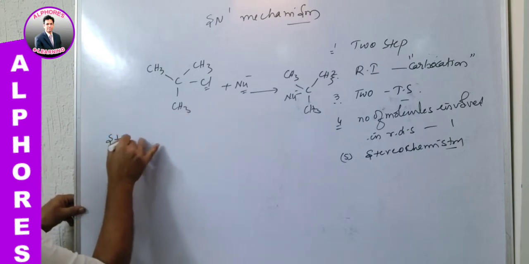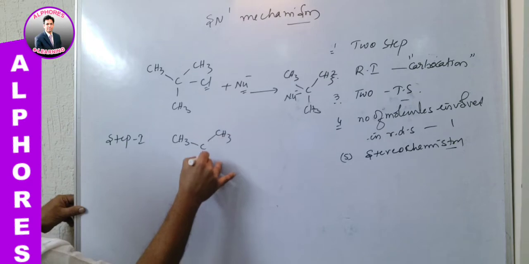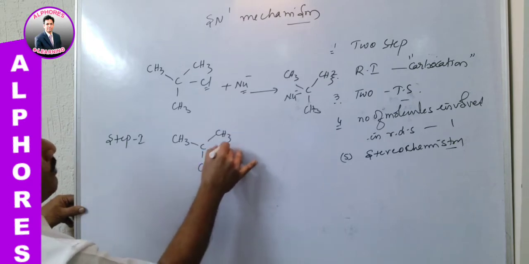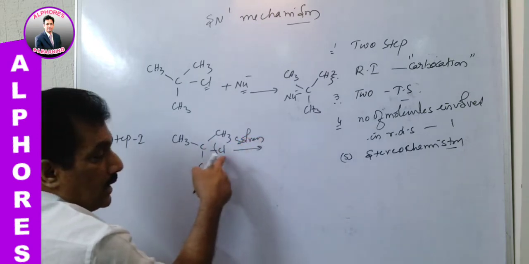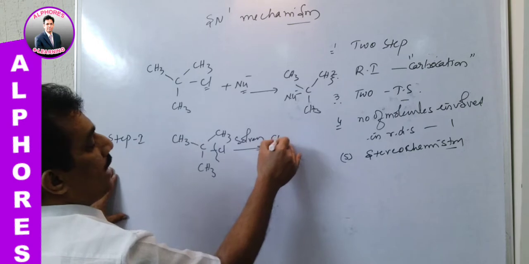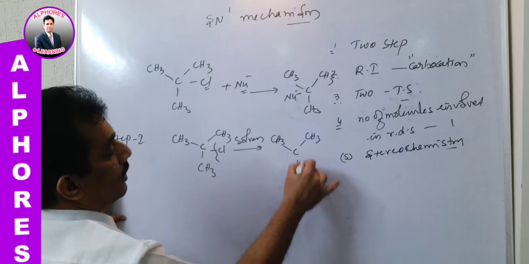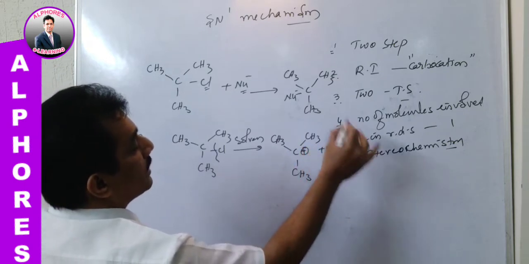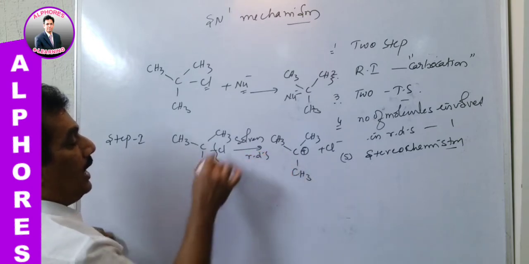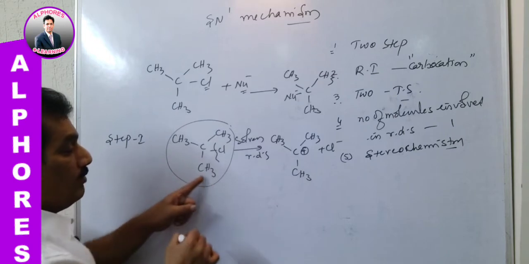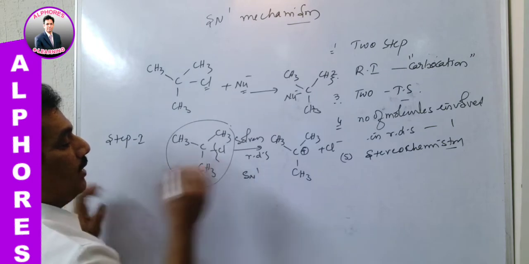In step 1, first of all, this tertiary butyl chloride itself, in the presence of solvent, will undergo decomposition so as to dissociate to give carbocation plus Cl minus. In this mechanism, this is the rate determining step, and only one molecule is involved in this rate determining step. That's why it is SN1.